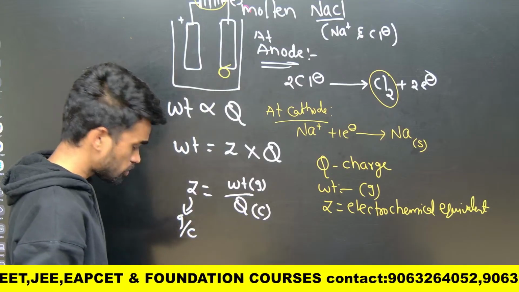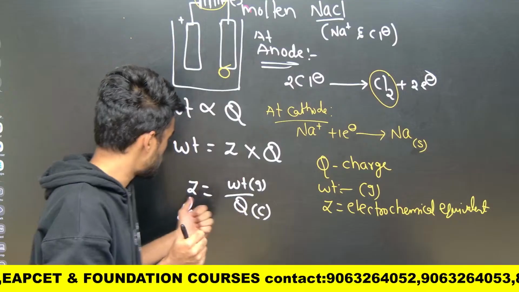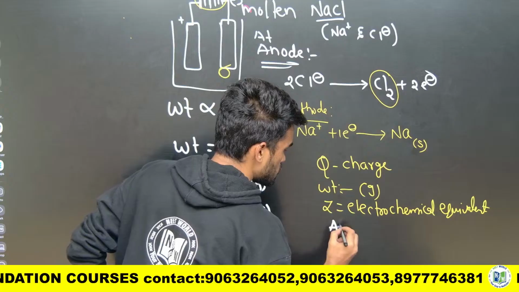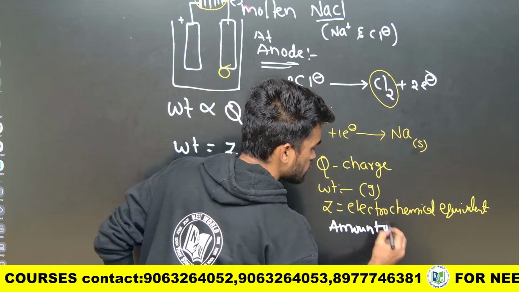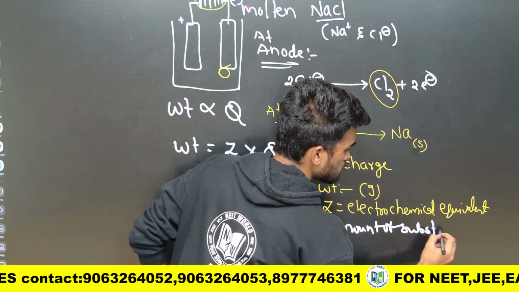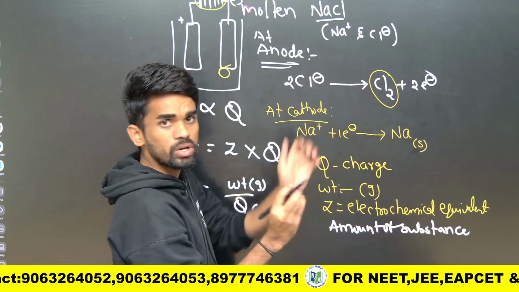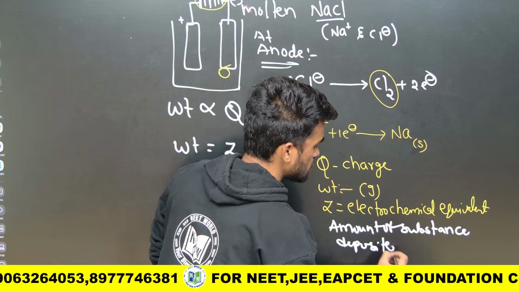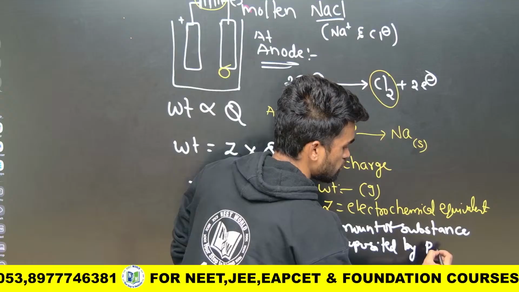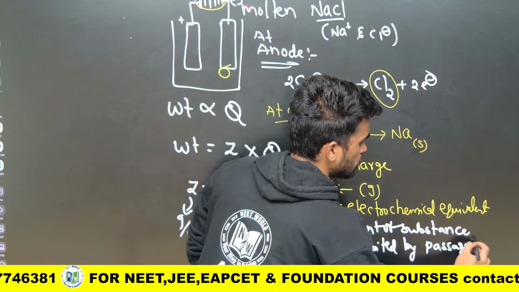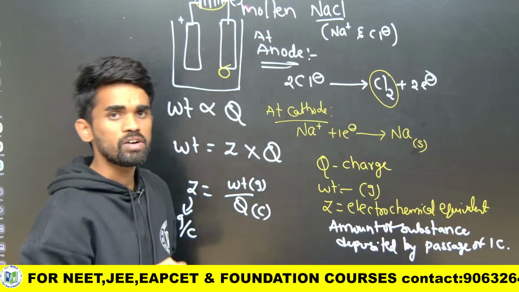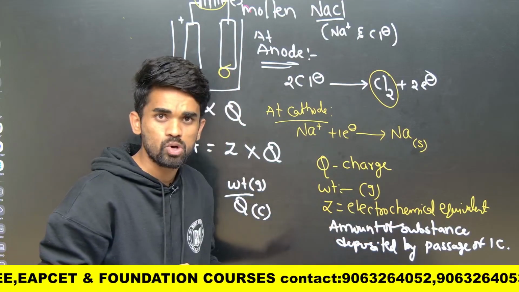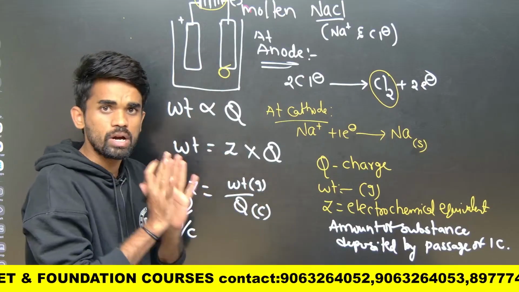It means the amount of substance, here sodium or chlorine, deposited by passage of 1 coulomb of charge. If you pass 1 coulomb of charge through this electrolytic solution, the amount of substance deposited is given by this Z. This is what you need to understand.